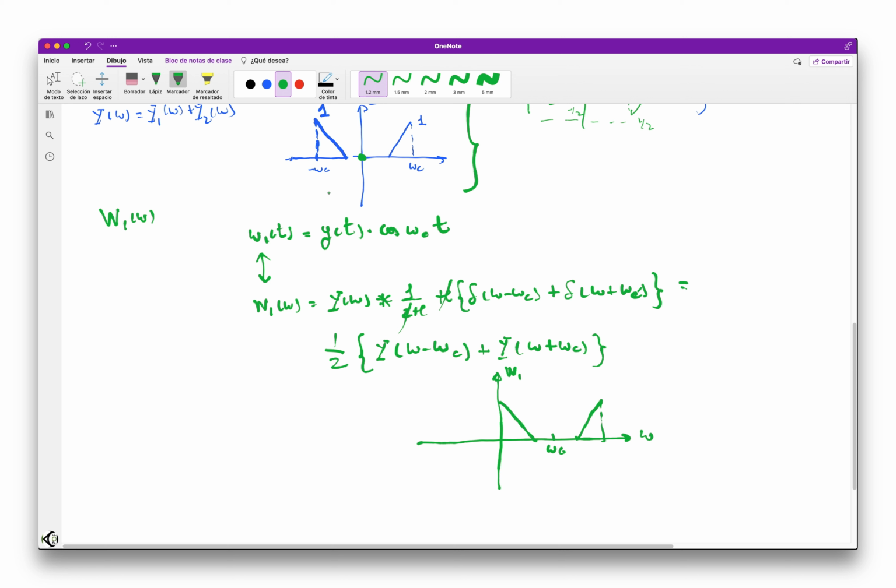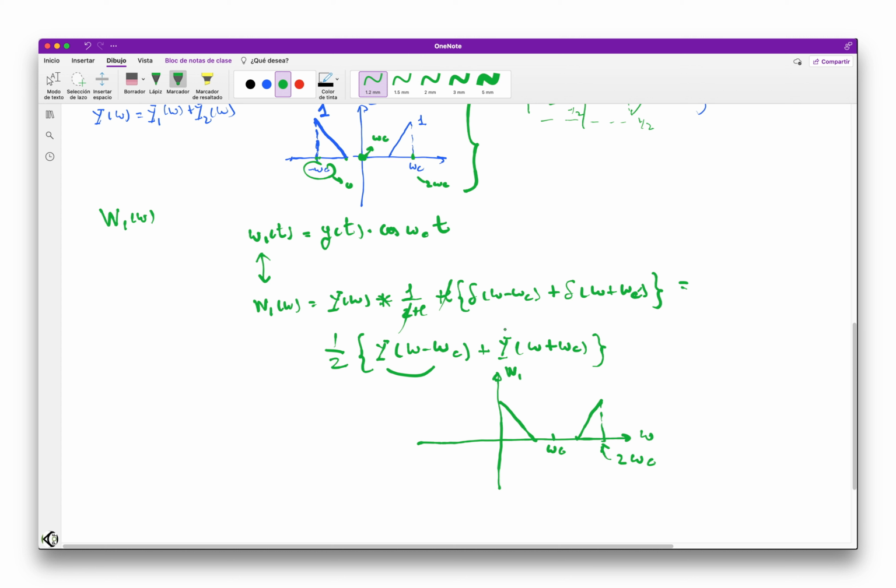Why does this left point go to 0? Because we are moving this to omega_c, so this will go to 0, and this will go to 2 omega_c. So moving this term to the right by omega_c will end up here.